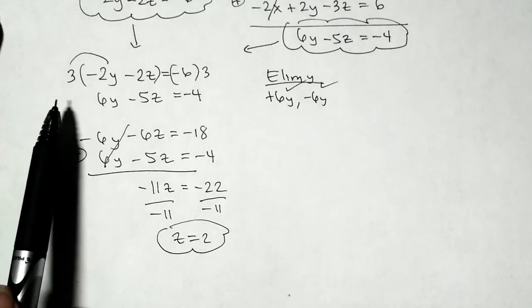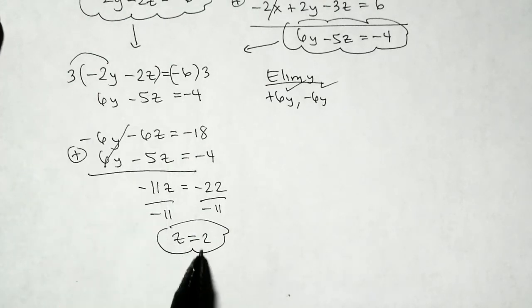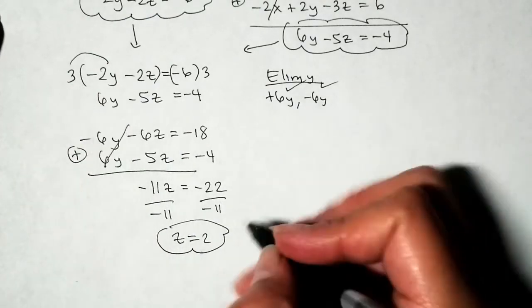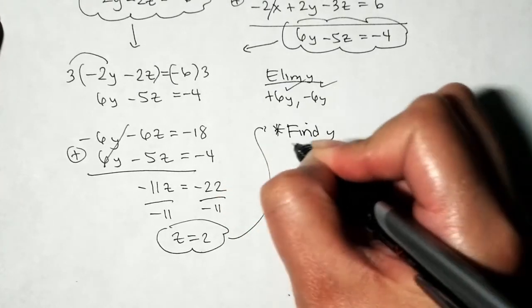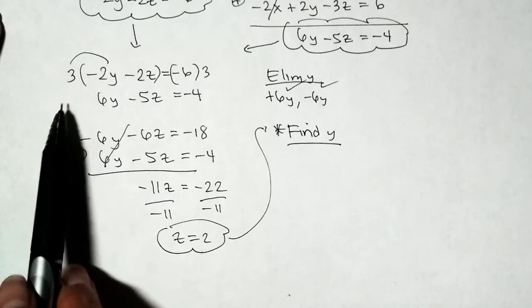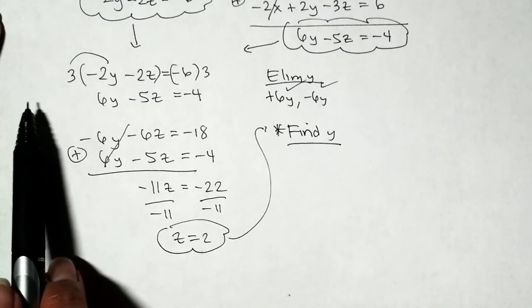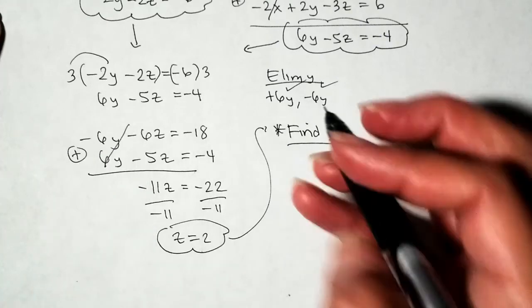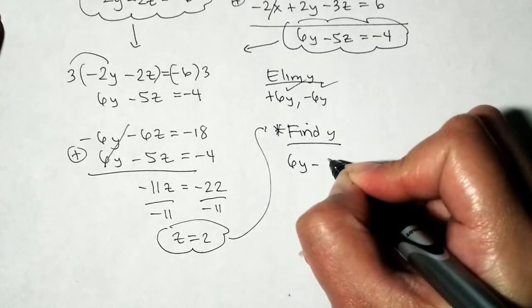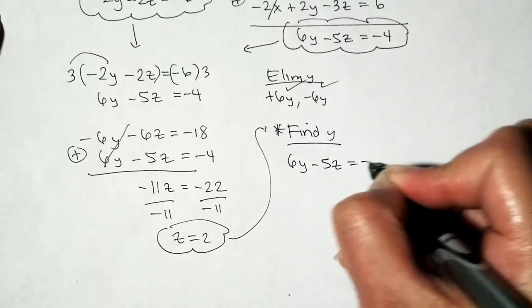So our system has the variables y and z. We found z. We just need to find y. Okay, so let's go ahead and put a love note: find y. So you pick whatever equation you want. Both of them are pretty scary. Which one scares me the least? I'll just pick this bottom one. Okay. So we have 6y minus 5z equals -4.